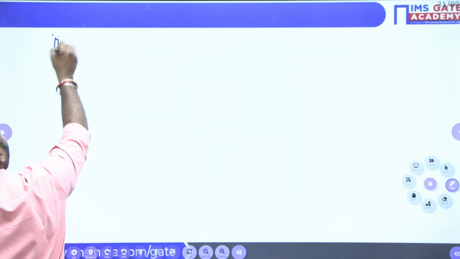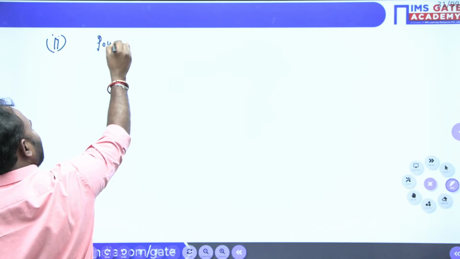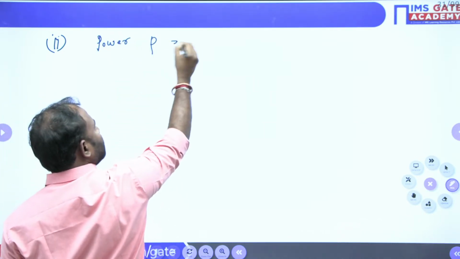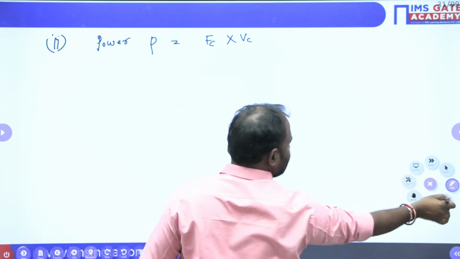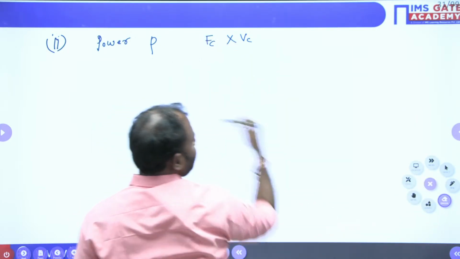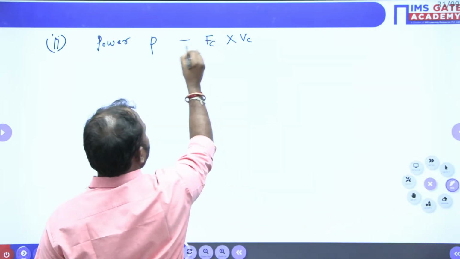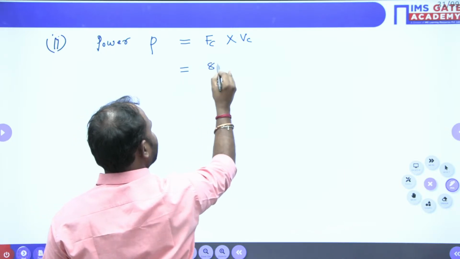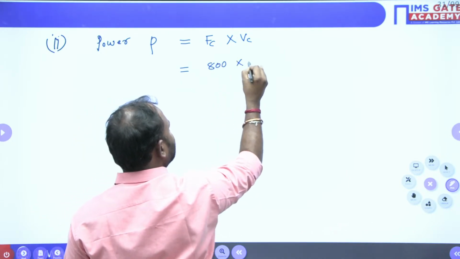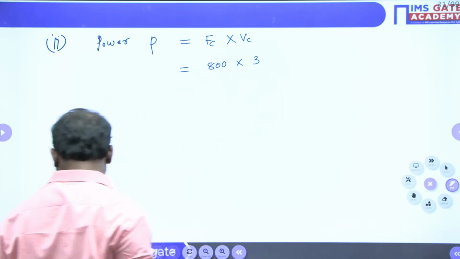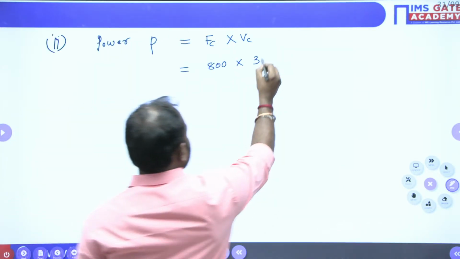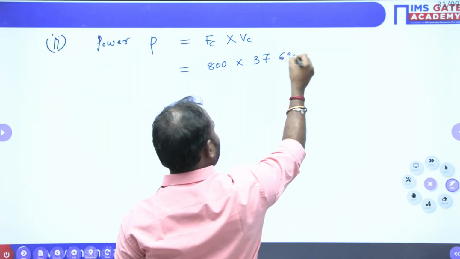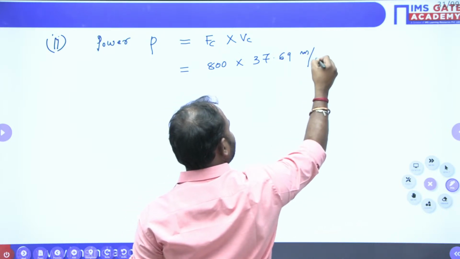Second one is power. P is equal to cutting force into cutting velocity. Now cutting force is 800 newtons into 37.69 meters per minute.